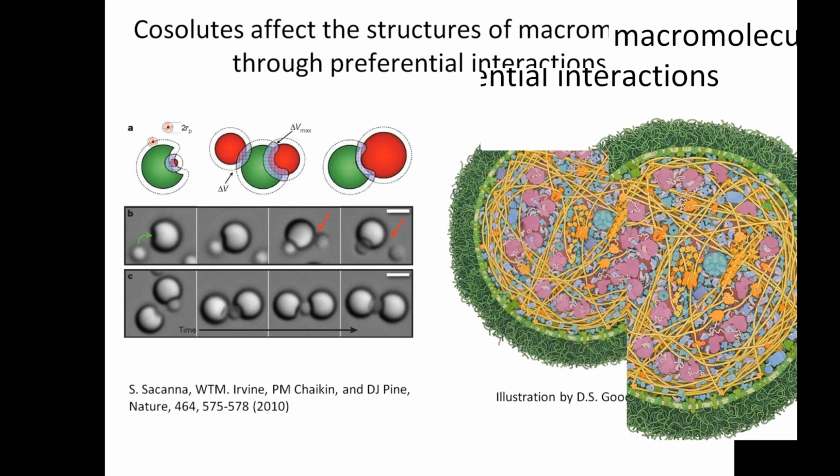A very different example, but still very similar, is on the right-hand side. Here we have an illustration by David Goodsell of a bacterial cell. A bacterial cell contains many macromolecules of interest, specifically proteins. The proteins are surrounded by many other cosolutes that interact differently with the protein.